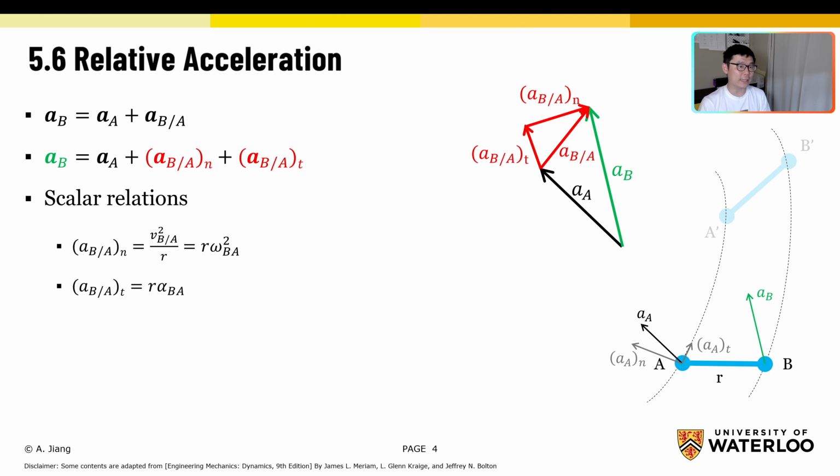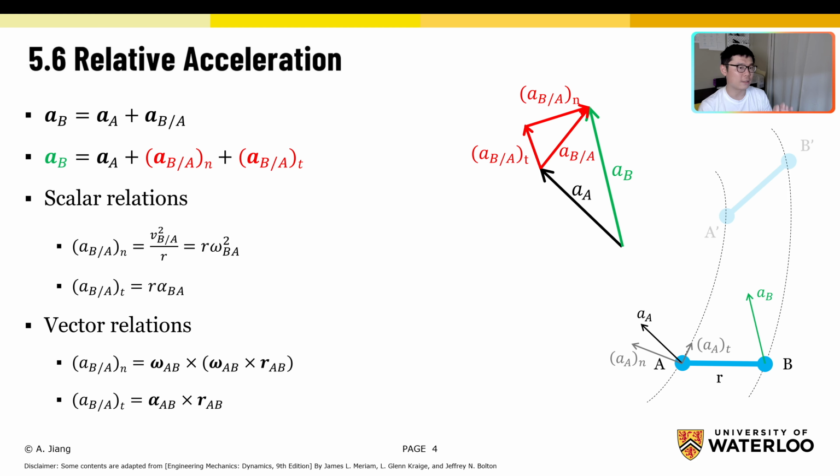If we just look at the term alone here, based on what we know about curvilinear motion, we can get the n component of the B relative to A acceleration is VB/A squared over R, or written in R omega format. And the t component of the acceleration B relative to A is R alpha BA. Here we can see the connection between the relative velocity VB/A and the relative acceleration AB/A.